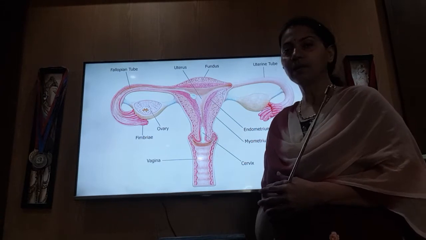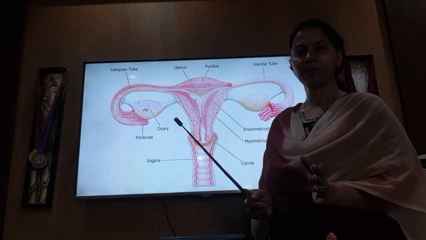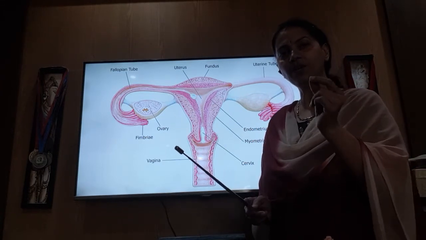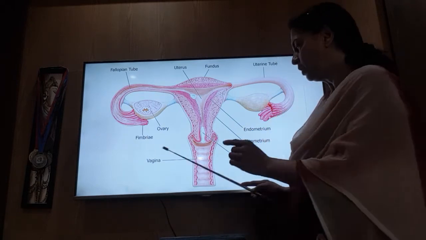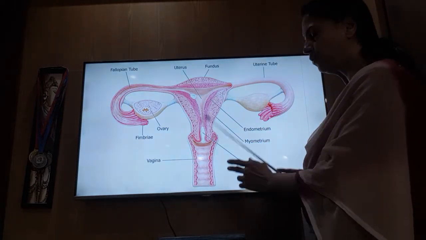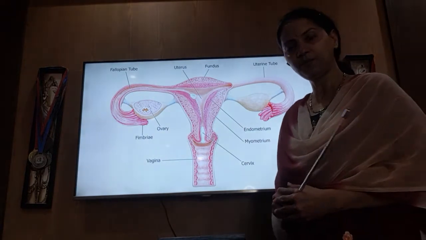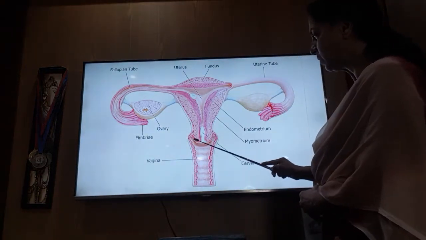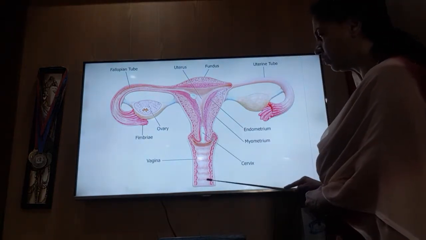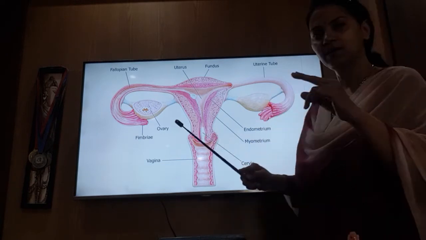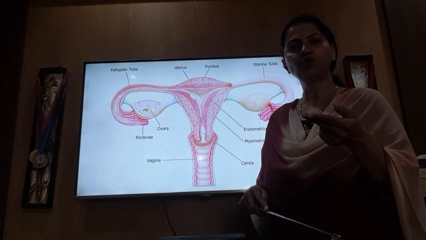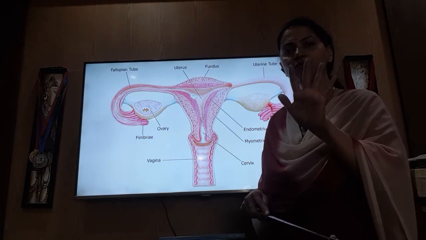Now the thickness is also variable. Remember again the figure of 2.5. The lower end has a diameter of 2.5 centimeters, and the upper end, you can see, is quite broad compared to the lower. Just increase the number by 2.5, so it becomes 5.